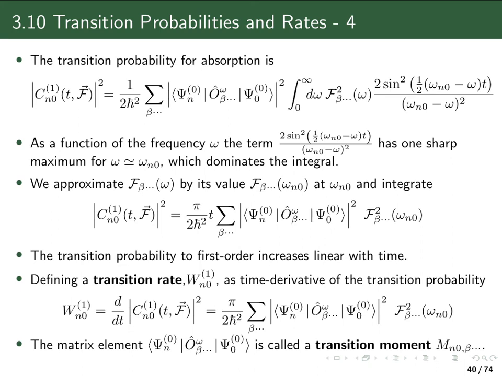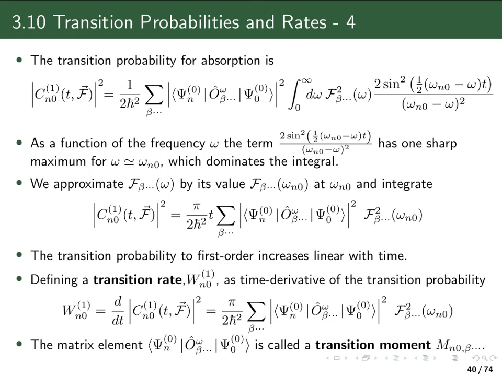Another thing we can note here is that our transition probability depends linearly on time, which means it increases linearly with time. The rate for the transition from the ground state to the excited state is then of course just the time derivative of the transition probability written here.